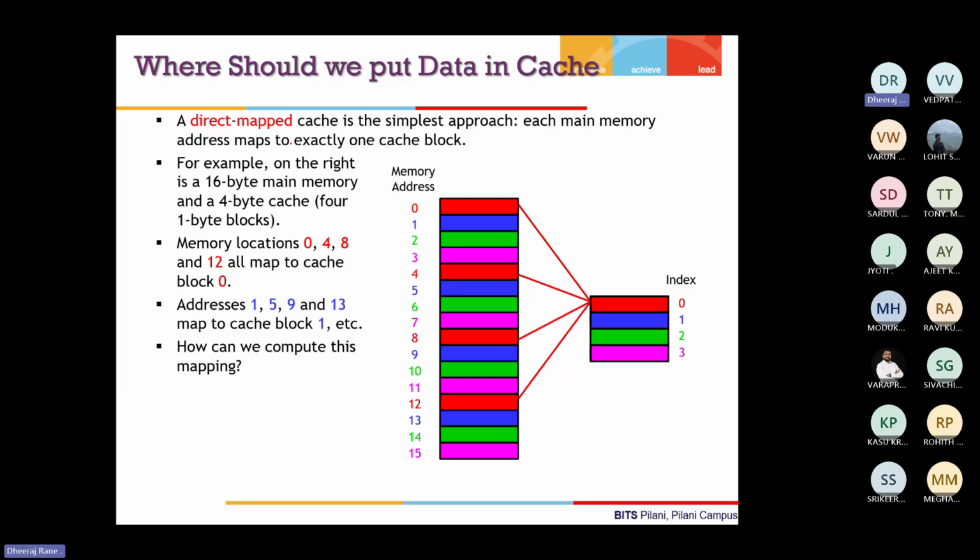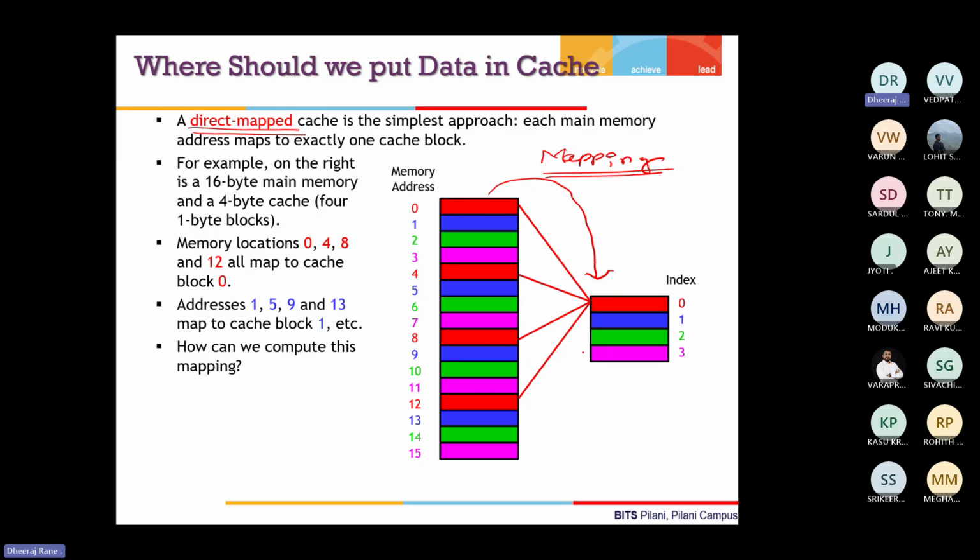Right, so this is your directly mapped cache. I hope you remember that whenever we are mapping the memory addresses to cache addresses and bringing a particular block into the cache, how exactly do we pick which block within the cache?